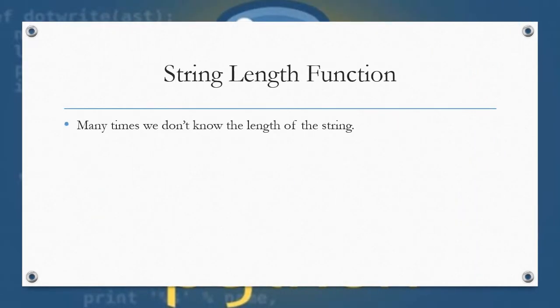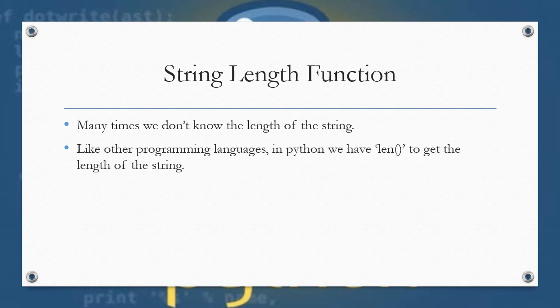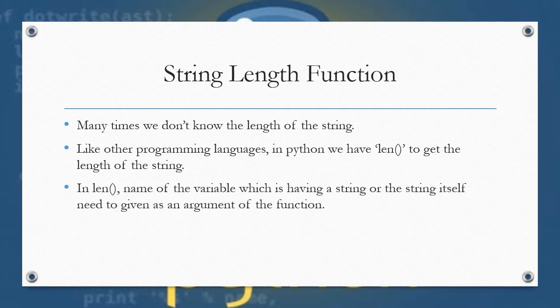So from the beginning, the string length function. Many times we don't know the length of the string, and if we have a multi-line string, then we can't count the length because it's too time consuming. So like other programming languages, in Python we have the len function to get the length of the string.